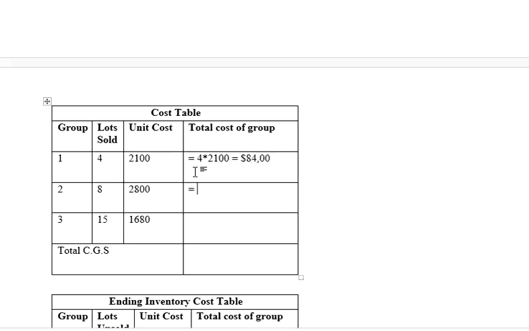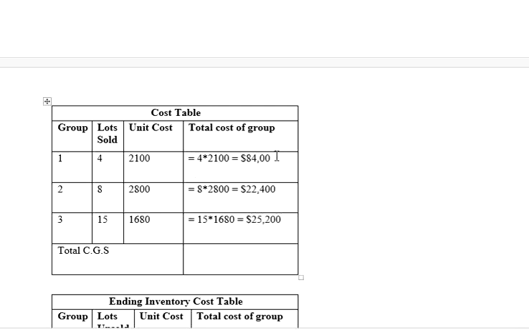Likewise, we will multiply 8 with 2,800, so we will get 22,400. That's the total cost of it. And then 15 multiplied by 1,680 each, so we will get a total cost of $25,200.